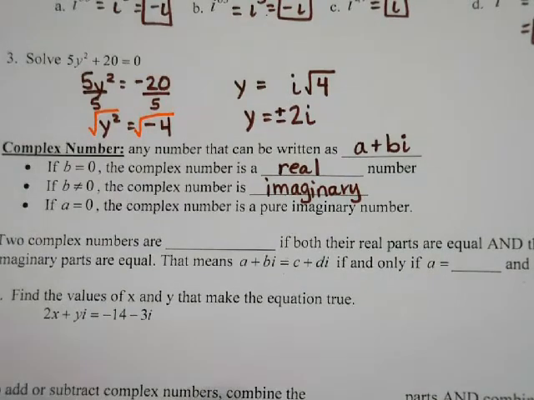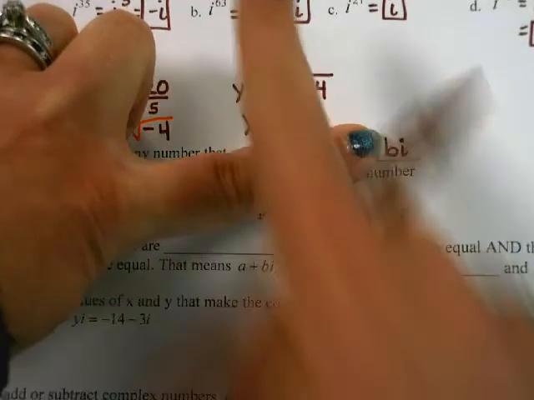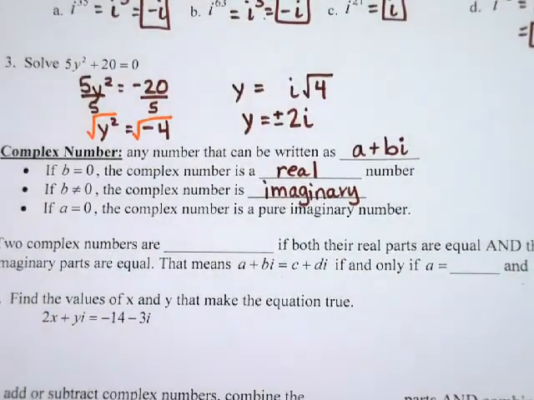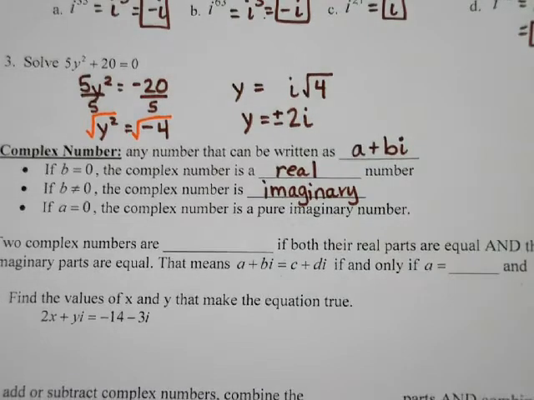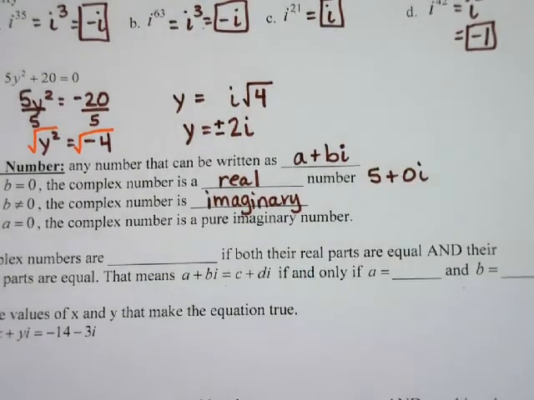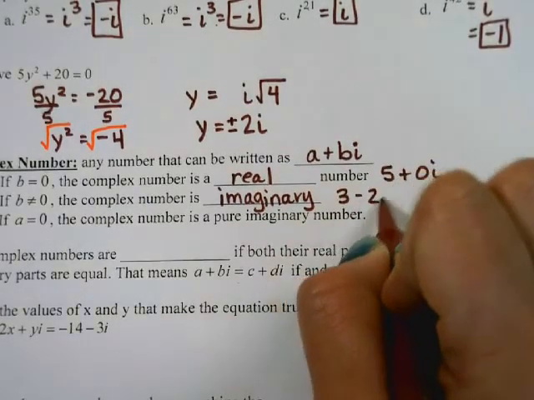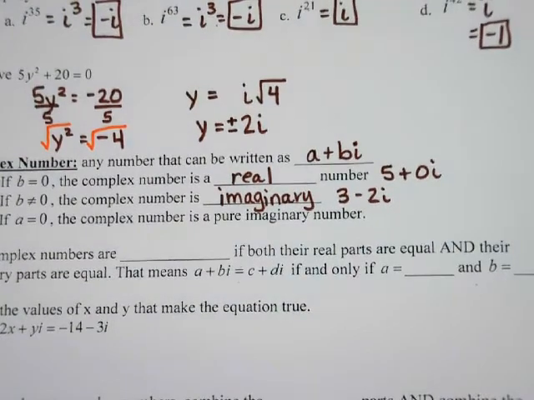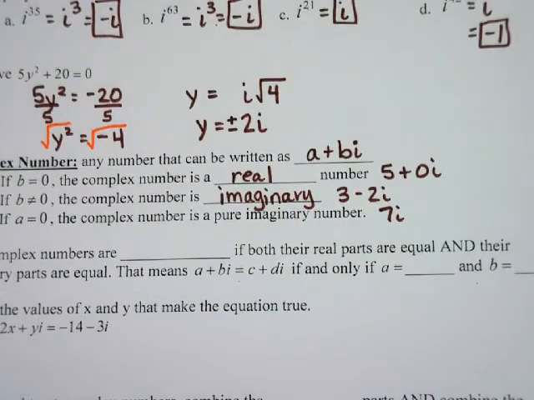And if a equals 0, so it's just like 3i, like we've been doing up here, then we call it a pure imaginary number. So, things like 5 plus 0i, that's a real number. 3 minus 2i, that's an imaginary number. And a pure imaginary number would be like 7i. Does that make sense? Questions on any of that?